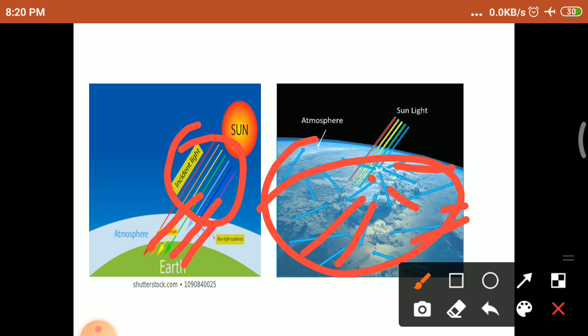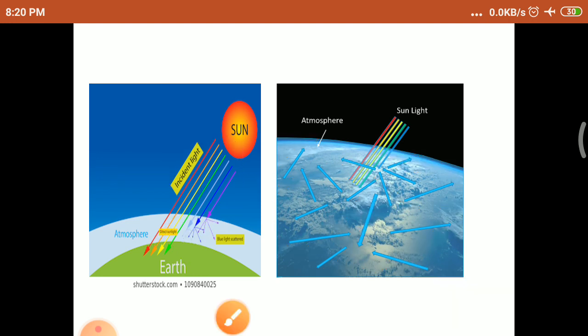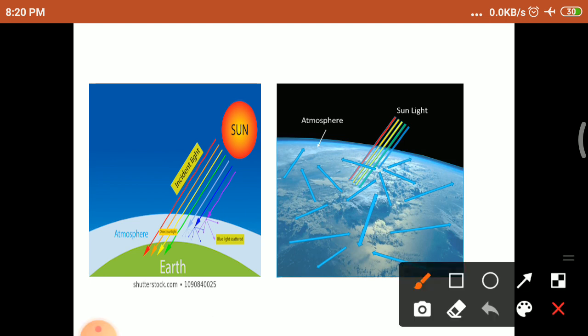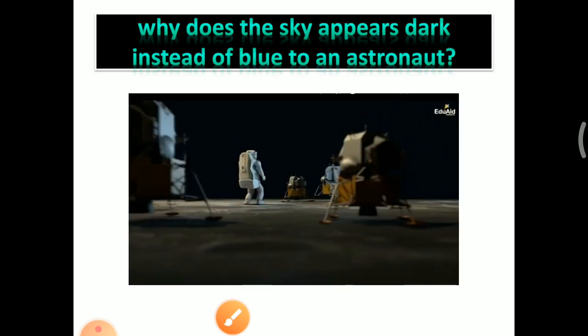Here only the blue family of violet, indigo, blue only scattered. So the sky appears blue. In this picture you can see that the blue family of violet, indigo, blue only scattered more comparing to others.